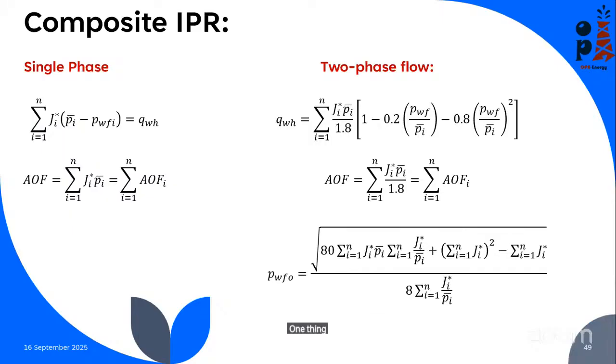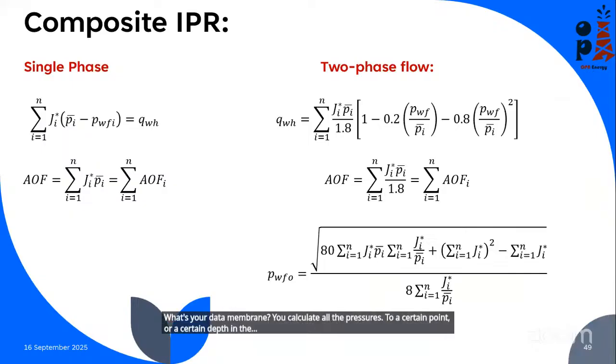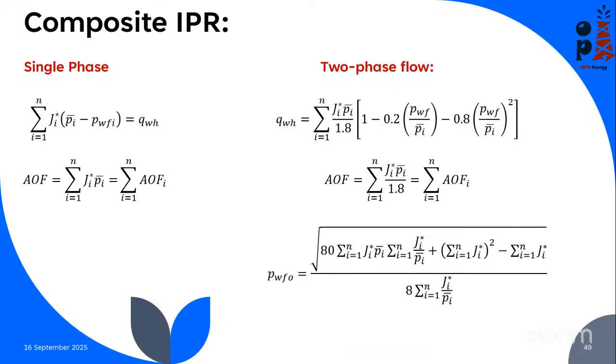One thing to understand when you do this is that when you calculate pressure, you have to choose a datum point. What's a datum point? You calculate all the pressures to a certain point or a certain depth in the well.